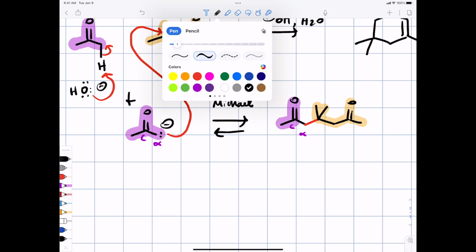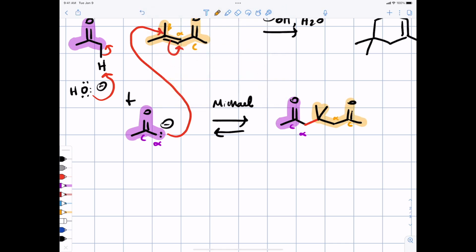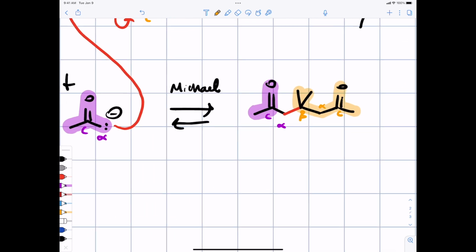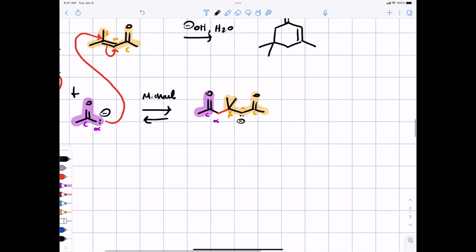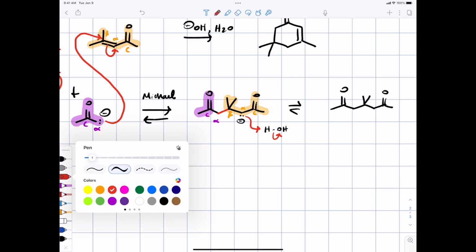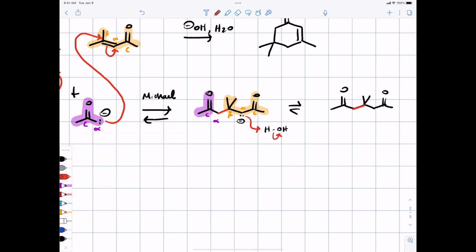So there we go. And there should be a negative charge on the alpha carbon, which will be neutralized by picking up a proton from water or from the conjugate acid of my base to give me this 1,5-dicarbonyl compound, the Michael product.